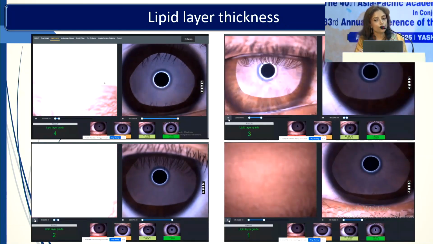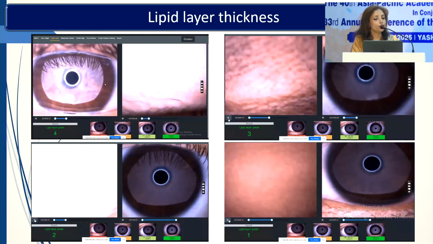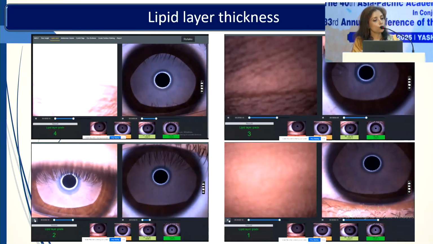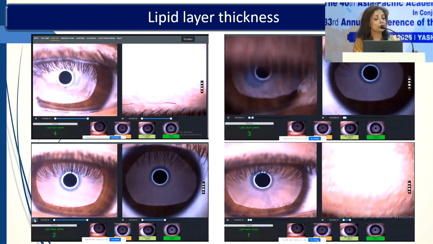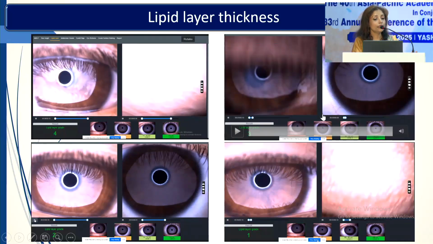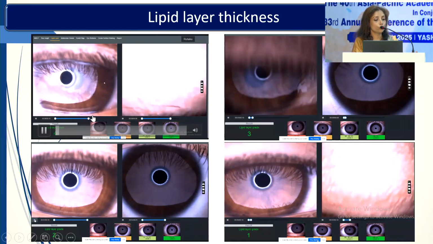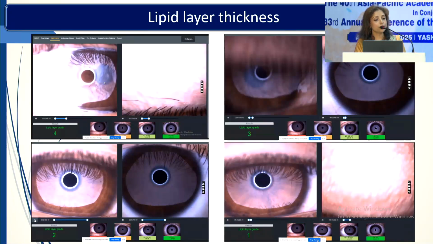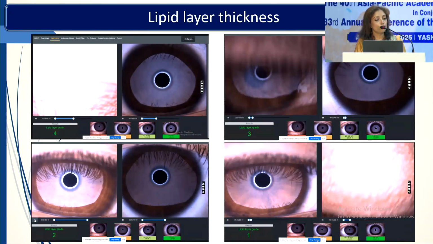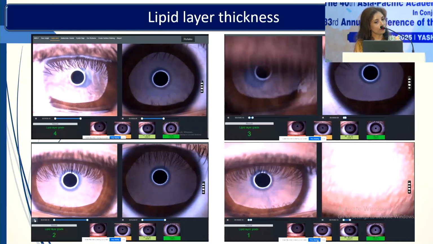The fourth function that it does is the lipid layer interferometry, which is based on the principle that when adequate white light hits a lipid layer, there is generation of interferometric fringes. In the first video, top left, you can see there are multiple colorful fringes, which shows that the lipid layer is normal.